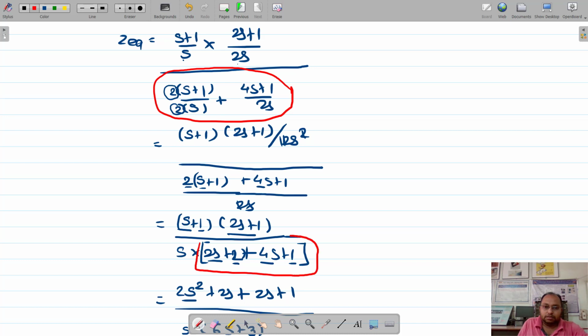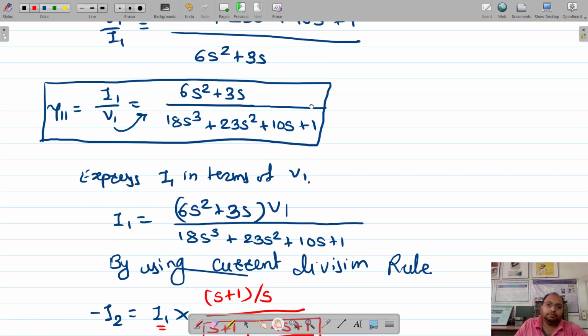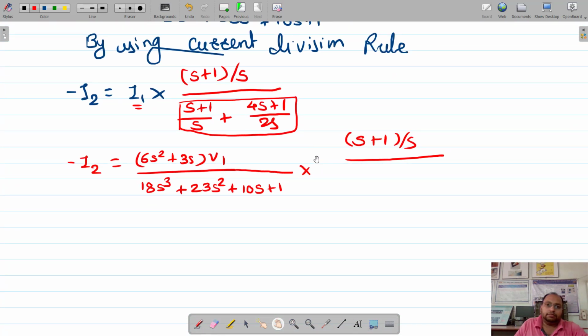It was nothing but, okay, let me write it as 6s plus 3, isn't it? Let me check out whether I am getting that or not. Let us check it out. Okay, yes, I'll be getting that, right?